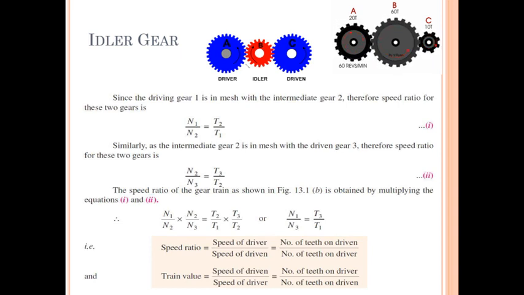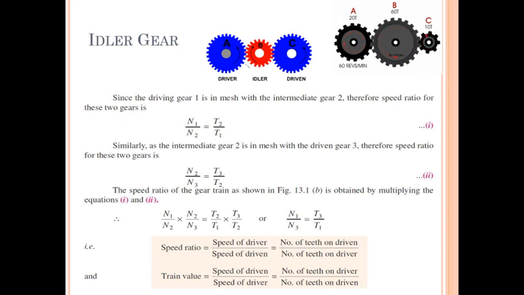Now for this simple gear train having A, B, C gears, or 1, 2, 3 gears, we will find out the velocity ratio or speed ratio. What is velocity ratio? We have seen earlier that it is velocity of driver divided by velocity of driven, that is n1 upon n2 for the first two gears. Suppose A gear is the first gear and B gear is the second gear.